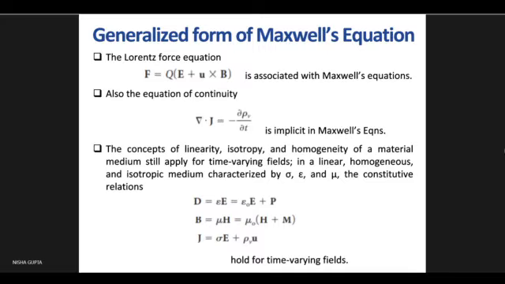So an isotropic medium is a medium where the property of the medium is not going to change in any direction. It will be the same in all directions. Is it clear? So isotropic means that irrespective of the direction, the material property is going to be the same.